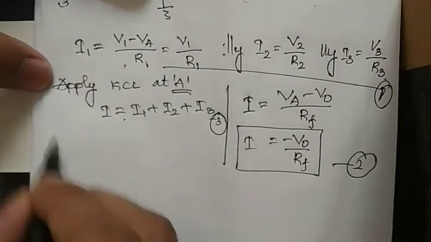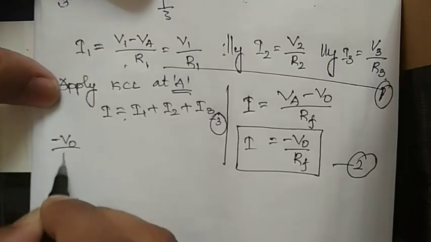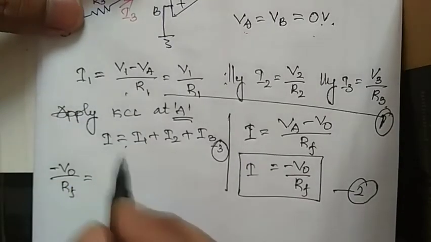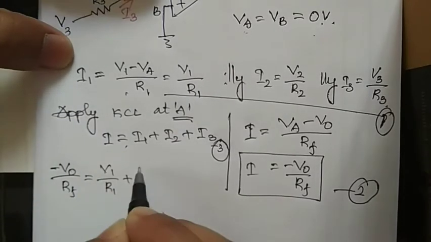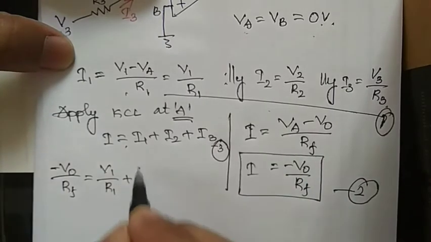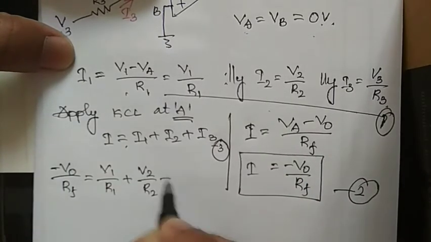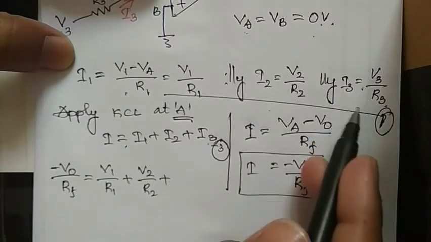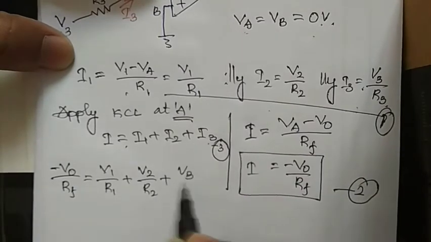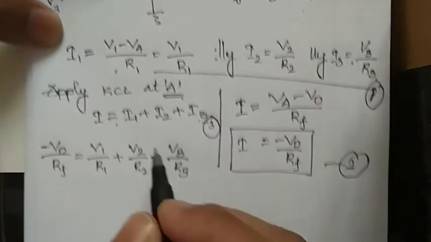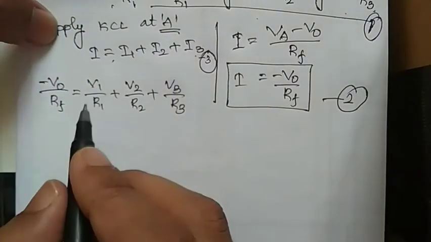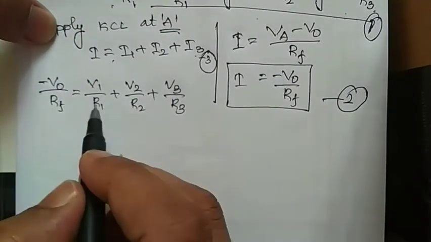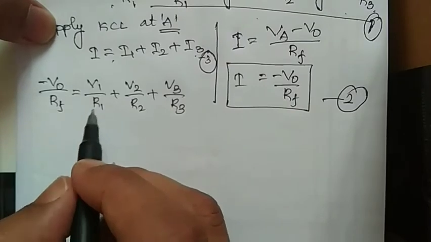So I equals what? Minus V0 by RF equals, I1 is V1 by R1 plus I2 is V2 by R2 plus I3 is V3 by R3, right? Now from that equation we have to define the value.